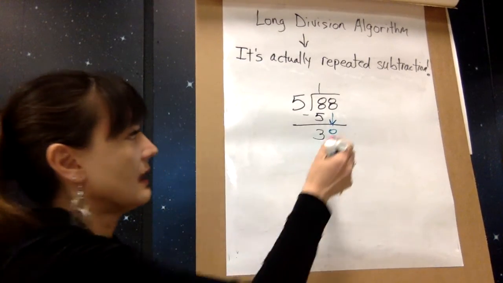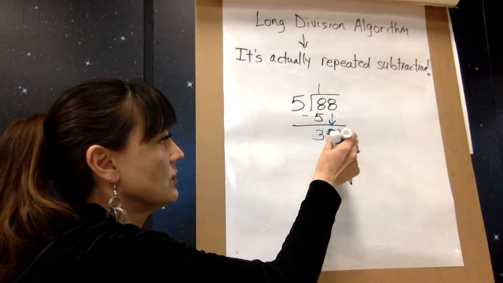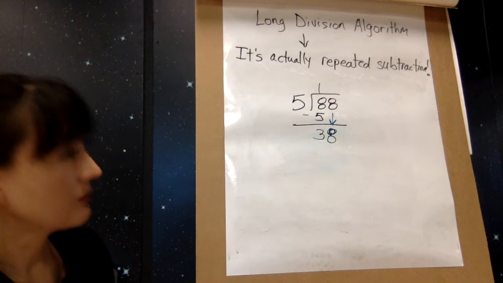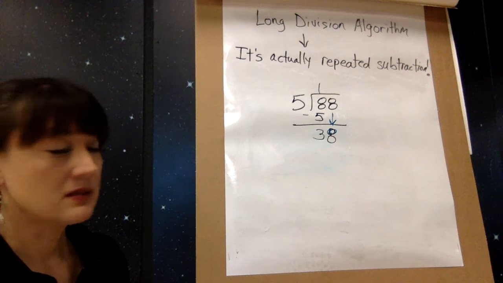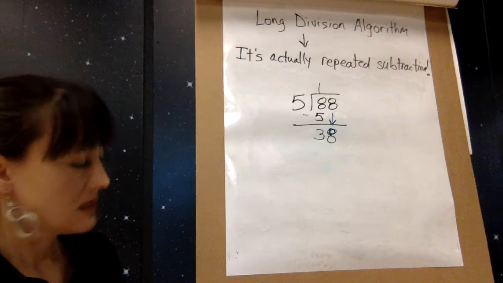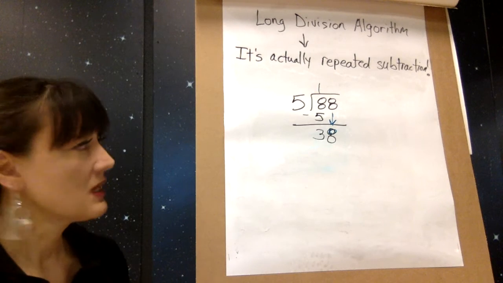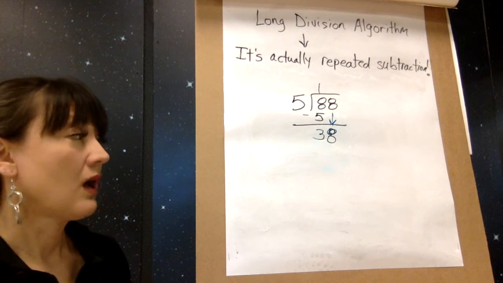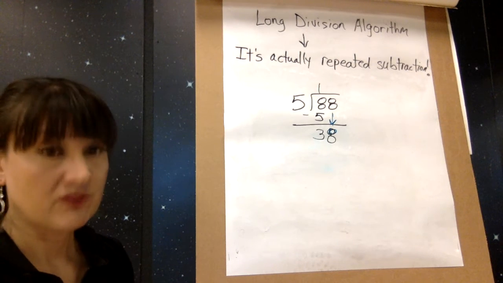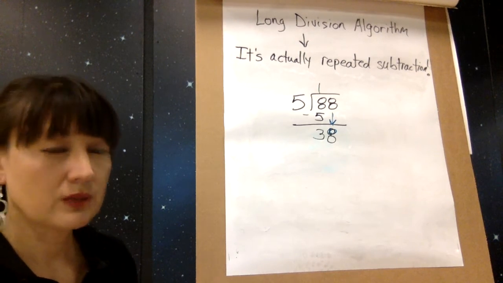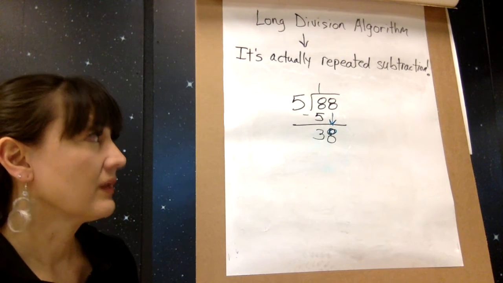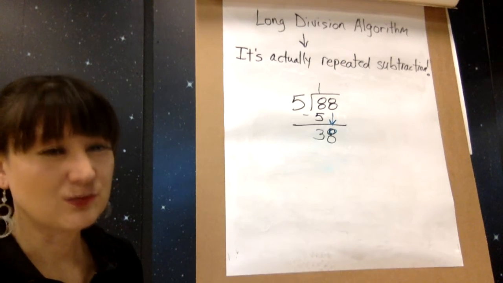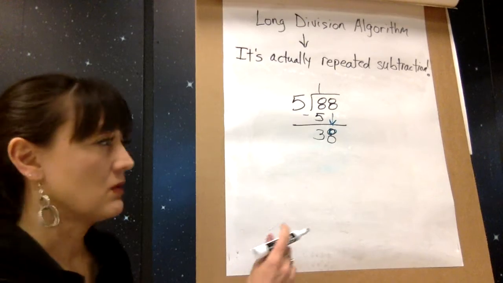Now I have my new unit that I'm going to focus on, which is 38, and so that's the next step. So I'm going to ask myself, how many times does 5 fit into 38? Well, I know that 5 times 7 is 35, and so that seems to be a pretty good fit, because if I went 5 times 8, that's 40, so that's too big, so we want it to be smaller.